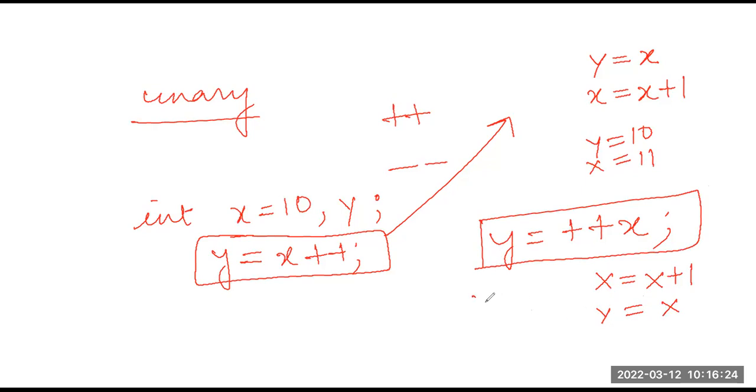That means x value will be 10 plus 1, 11, and this updated value will be saved in y. So after I do this, x and y values are both 11. That means these unary operators, we use them according to our programs. Both of them will increment the value by 1, but is it post-increment or pre-increment? Okay. Same with the decrement operator also.